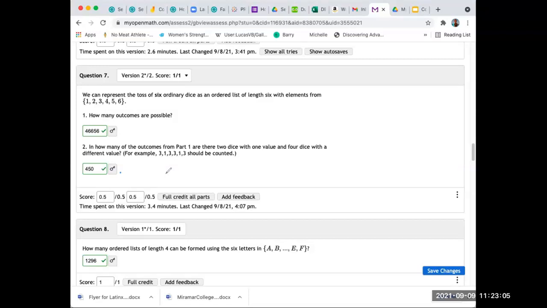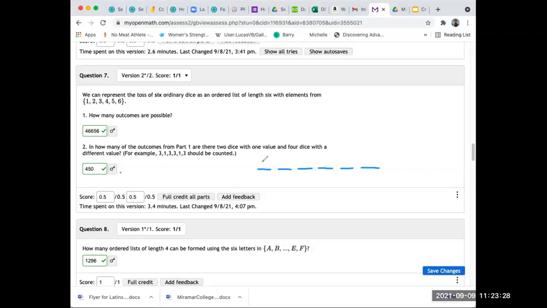Okay. All right, so we're looking in how many of the outcomes are there 2 dice with 1 value and 4 dice with a different value. Okay, so my thinking of this one, we have 1, 2, 3, 4, 5, 6.